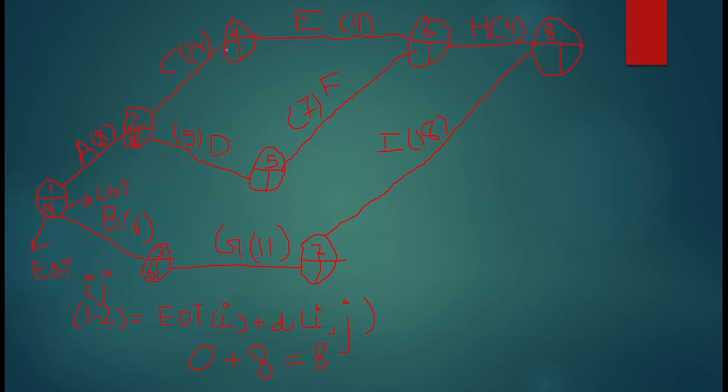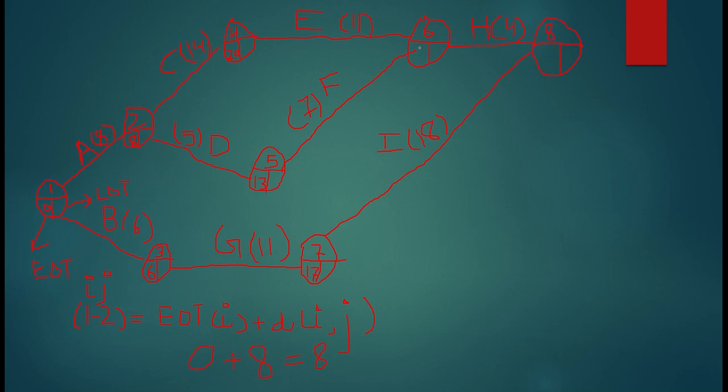So this is 20. 8 plus 5 is 13. 6 plus 11 is 17. This is 17.